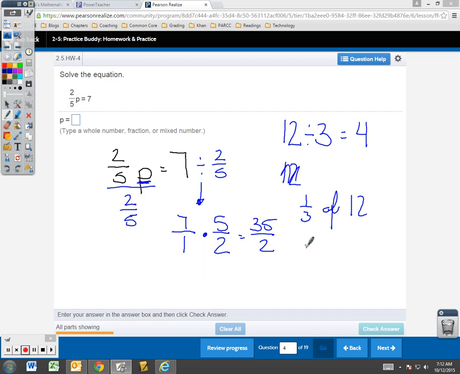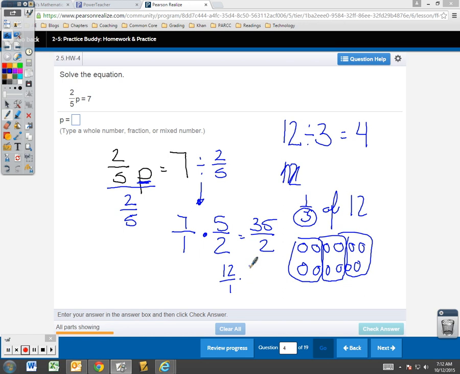I'm taking that 12 and breaking it up into groups of 3. I want 3 groups. Notice how I have 1, 2, 3 groups, and in each group is 4. So 12 divided by 3 equals 4. Same as what is 1/3 of 12. We are multiplying 12 over 1 times 1/3, which is equal to 12 over 3, which means 12 divided by 3, which equals 4.